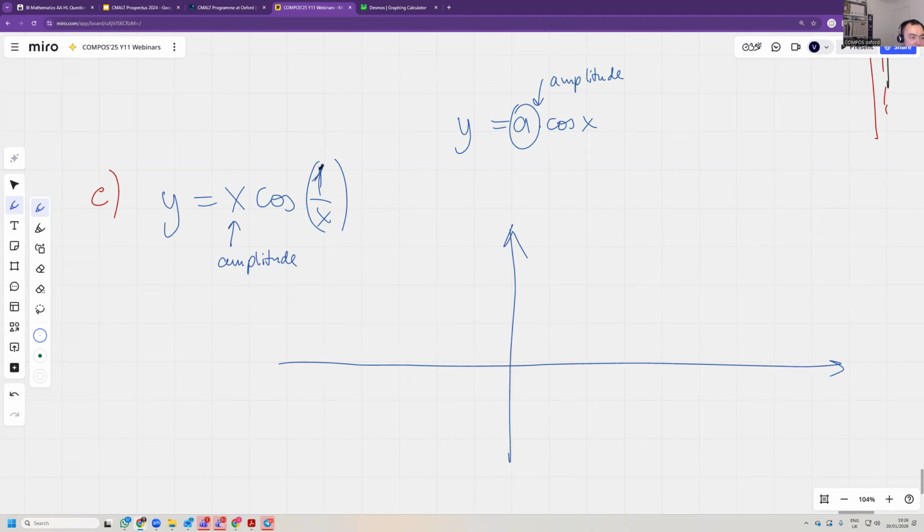Now 1 over x, as x becomes bigger, this tends to 0. As x tends to infinity, then cos 1 over x tends to cos 0, which is 1. So the asymptotic behavior for the function, when x is big, becomes 1. Now I'm assuming it approaches from the top.